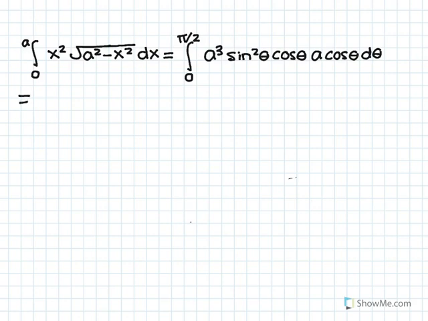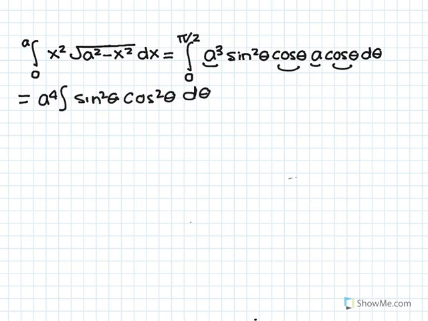What do we get? Well, we have a cubed times a. That's going to give us a to the fourth. We have sine squared theta. And we have cos theta times cos theta. That gives us cos squared theta d theta.